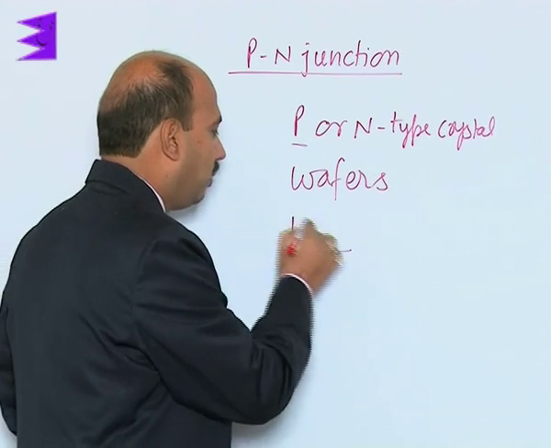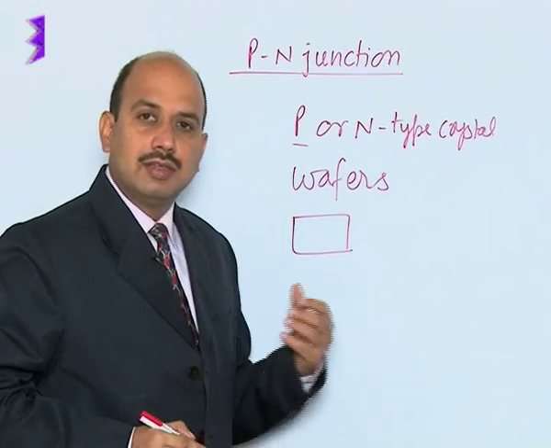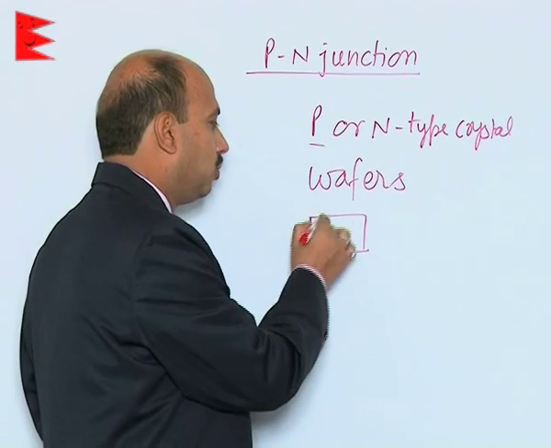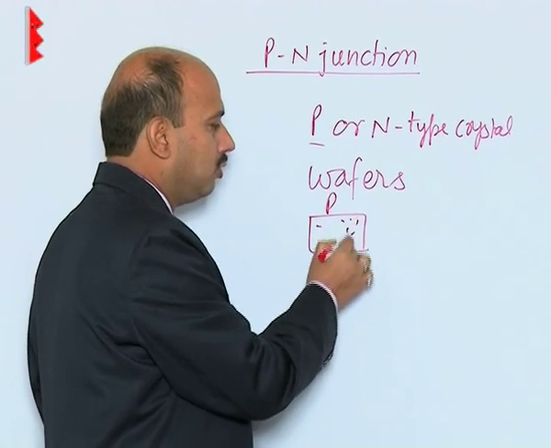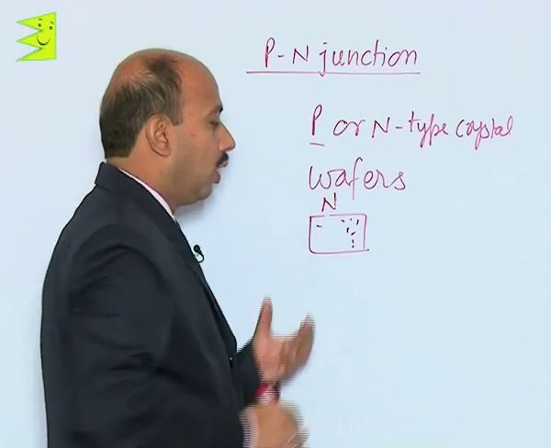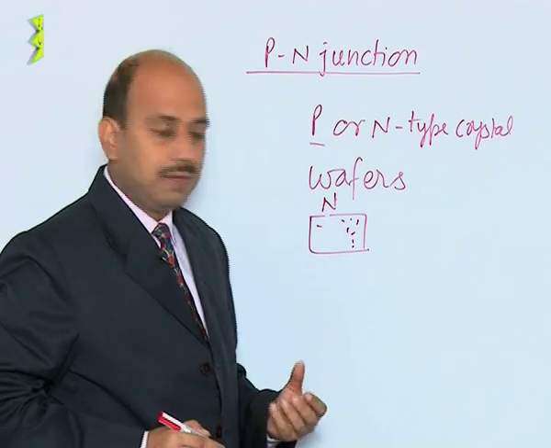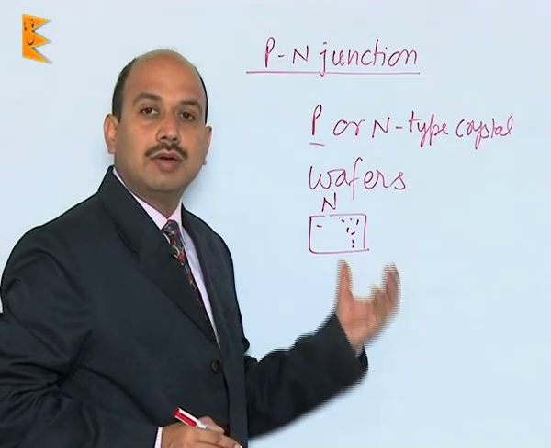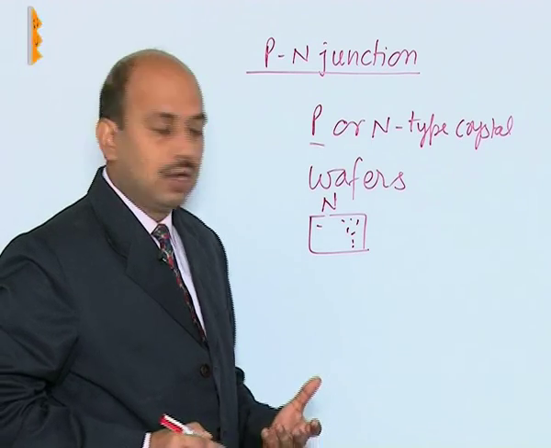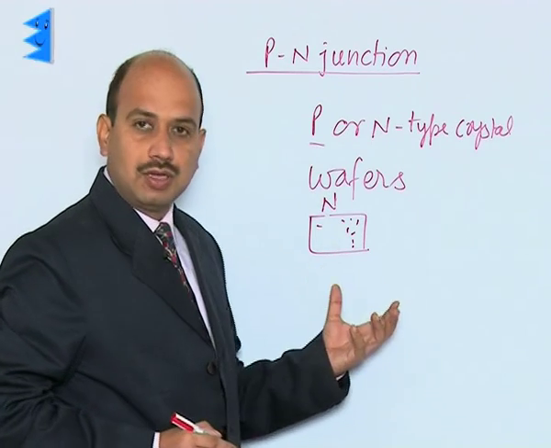Suppose you have taken one wafer, the n type. On the n type semiconductor slice, if you diffuse aluminum, then the part where aluminum is diffused becomes p type semiconductor. So in this way a p-n junction diode is formed.